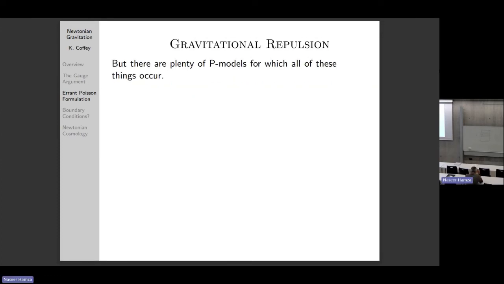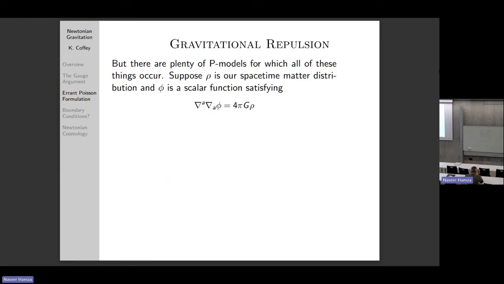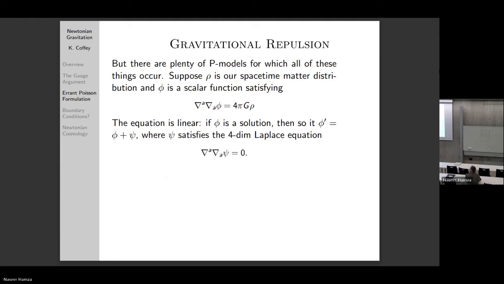But there are plenty of P models for which exactly those things are happening. Okay. So suppose rho is the matter distribution for the matter in the universe. The Poisson equation is linear, right? So if we have a solution, then so is any other solution where what we add to it is a harmonic function. That is a solution to Laplace's equation.